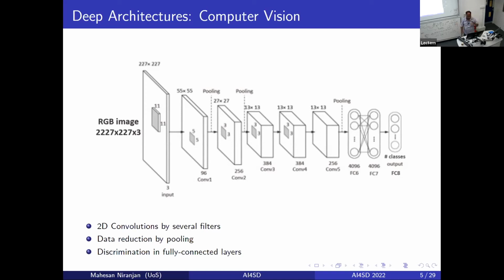Then what you do, you subsample it by this pooling operation. What does that do? You take an image and you take a 4 by 4 or 6 by 6 square and replace it by its average. So a large image becomes a smaller image because you have pooled neighboring pixels and summed them up.